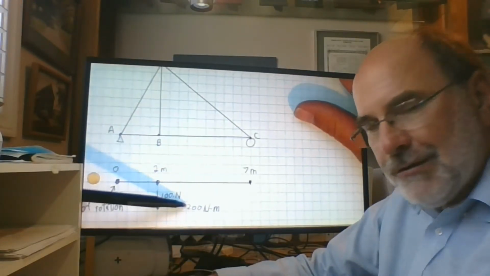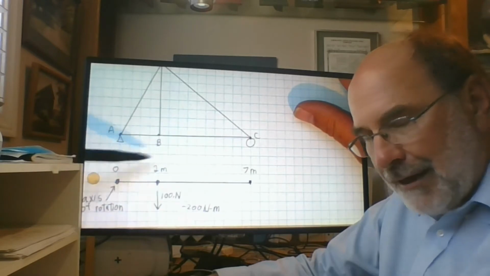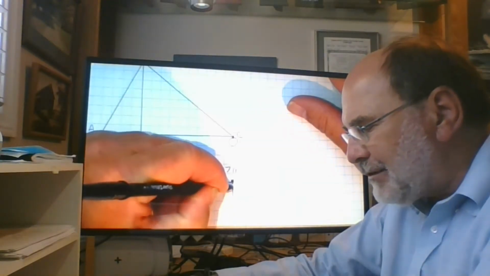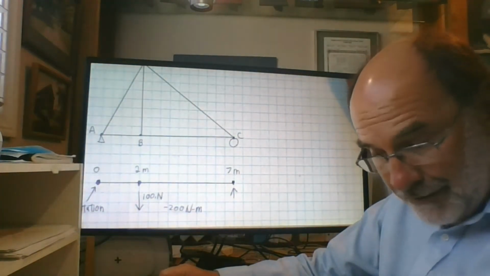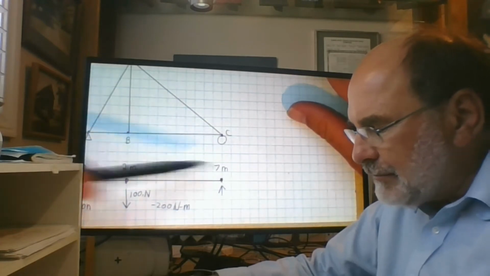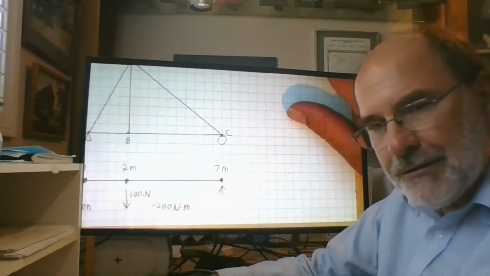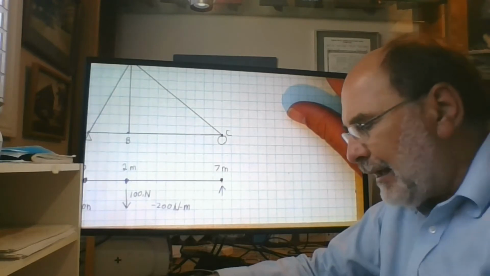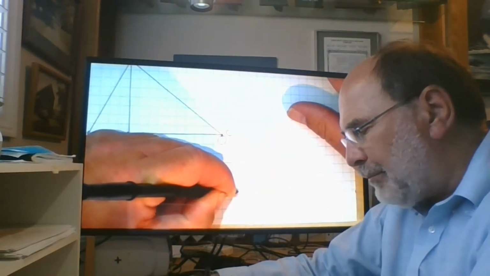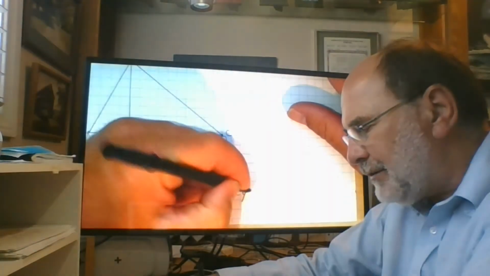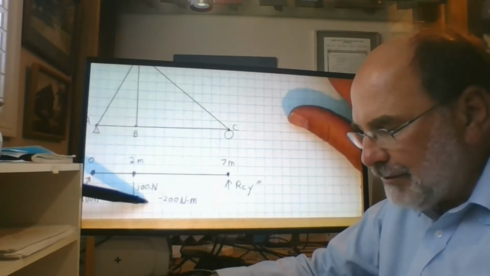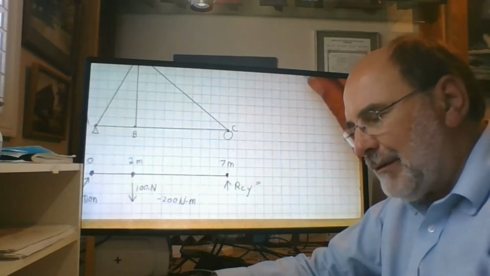So to cancel this 200 Newton meters of positive or clockwise torque, there has to be a reaction force at point C to cancel this out. So the distance from the axis of rotation to point C is 7 meters, and the reaction force at point C in the y direction would be positive 200 Newton meters divided by 7 meters.